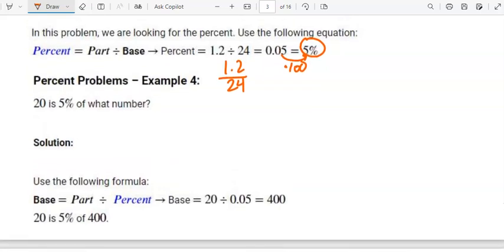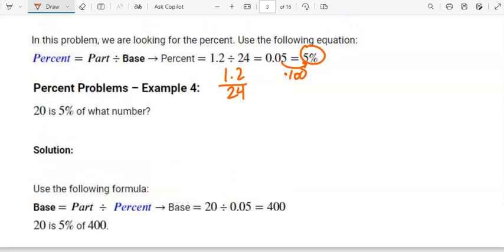And percent problems, example 4. 20 is 5% of what number? We're looking for the base in this case, and we're given the percent and the part. Solution. Use the following formula. Base equals part divided by percent. Remember, a percent needs to be in standard form.